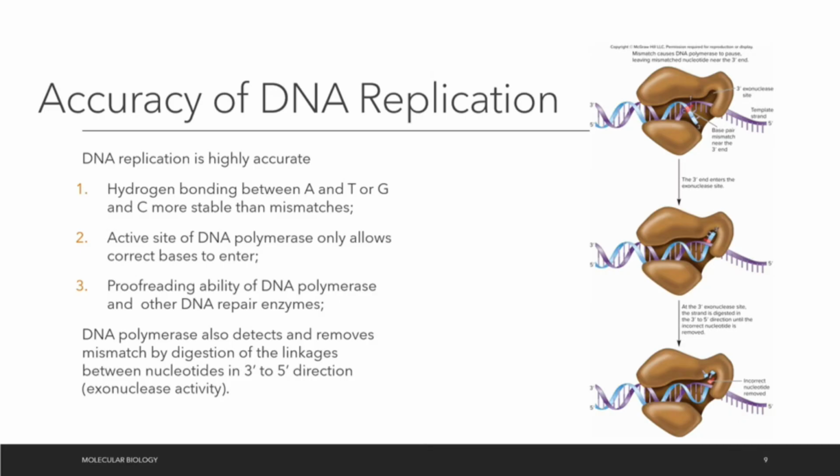The capability of removing these mismatched nucleotides is built into DNA polymerases as their 3' to 5' exonuclease activity.